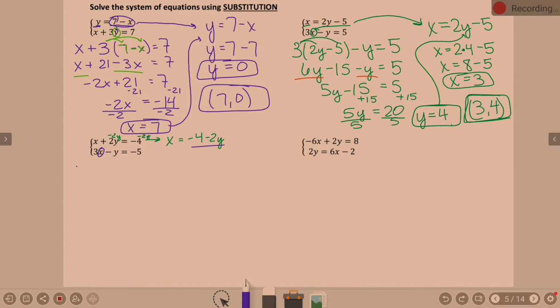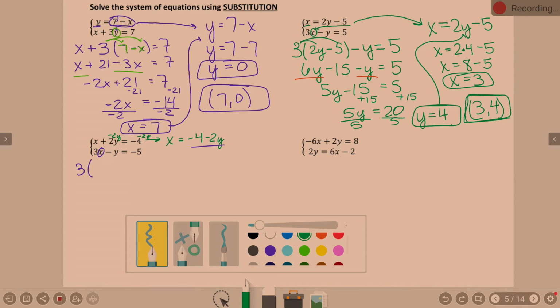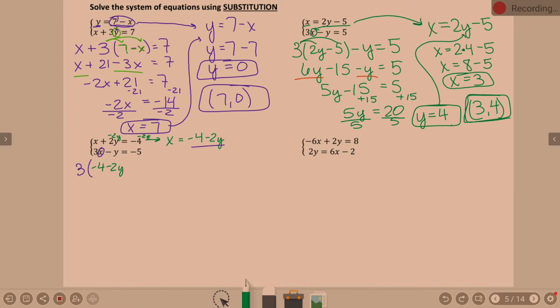So we're going to go 3 times x, except what is x? -4 minus 2y. So there's my 3 times x. It's still going to be minus y equals -5. And that's the main difference between this one and what we were doing on Friday.